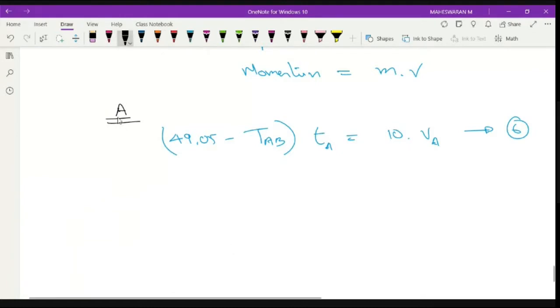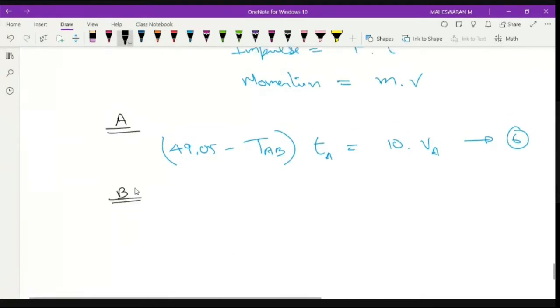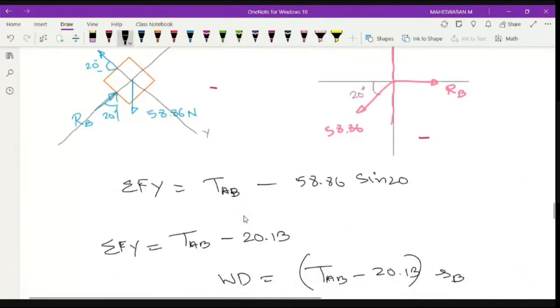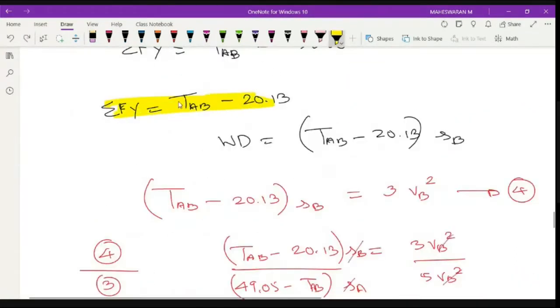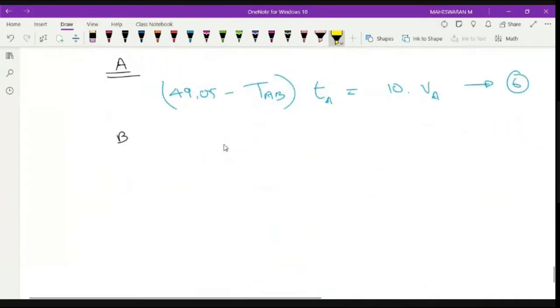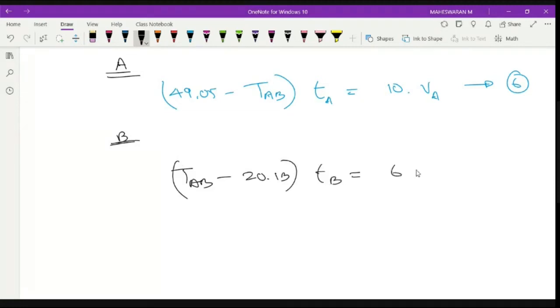Okay, so if I consider B, which one I have to consider? I have to consider sigma Fy, this equation. So TAB minus 20.13, right? So I will write it again here. So for B, TAB minus 20.13 impulse TB is equal to momentum 6 VB, equation 7.